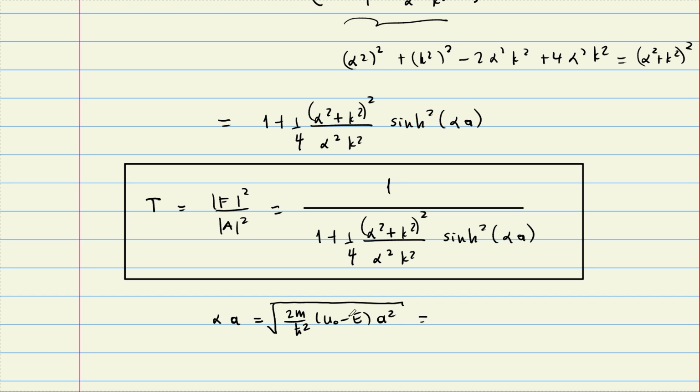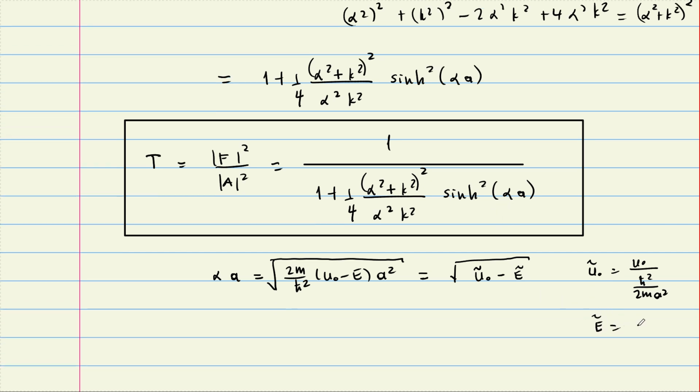And you may have now recognized that h bar squared over 2m a squared is a unit of energy, and this thing I can write like root of u naught tilde minus e tilde, where u tilde is u naught divided by h bar squared over 2m a squared, and same for e.